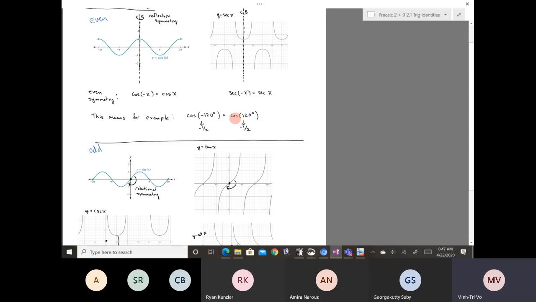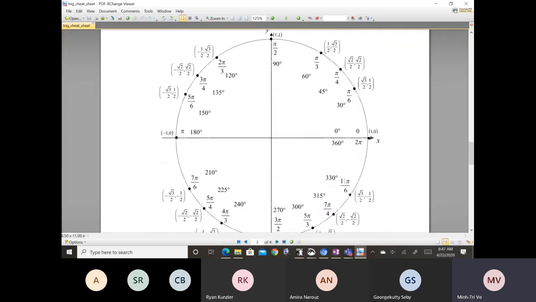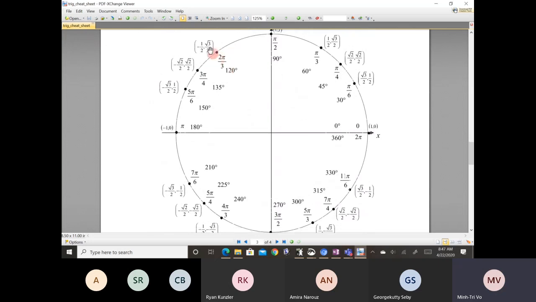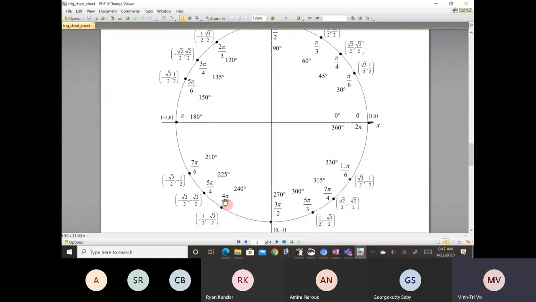In terms of the unit circle, 120 degrees is here, and negative 120 is actually the same thing as 240 degrees, because that's the coterminal angle. The cosine function is the x-coordinate, so the x-coordinate here is exactly the same as the x-coordinate here. That's basically what the even symmetry is trying to indicate.